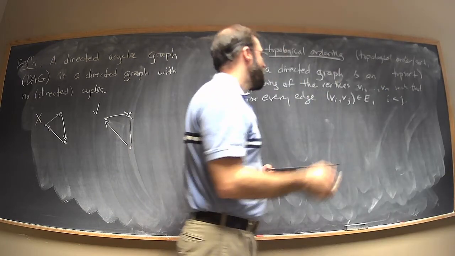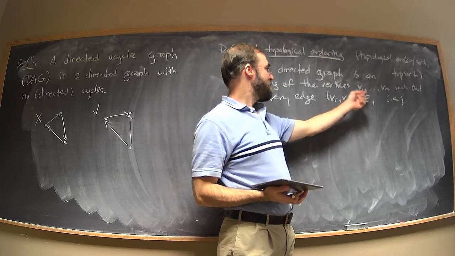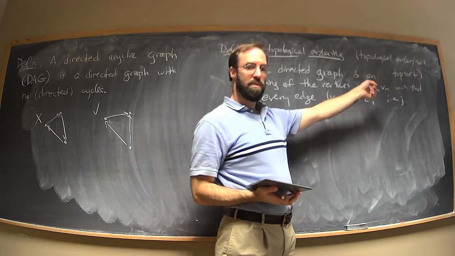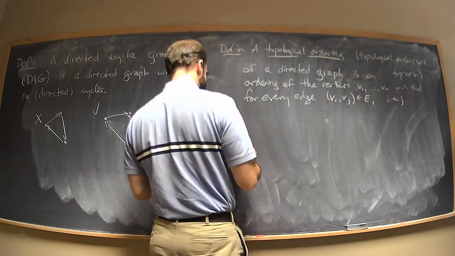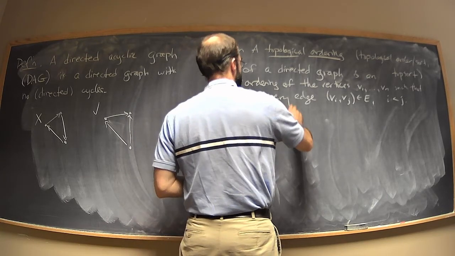Or in other words, if I have an edge from some vertex i to some vertex j, then the first vertex comes before the second vertex in this list. Another way to say this is, all edges point to the right.